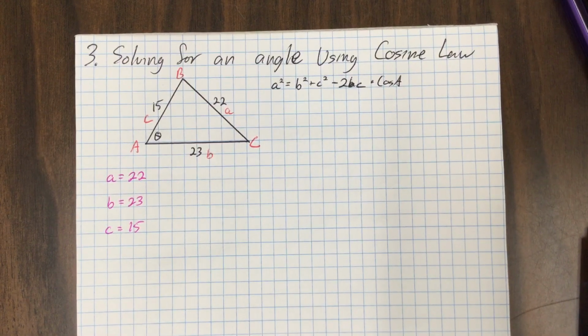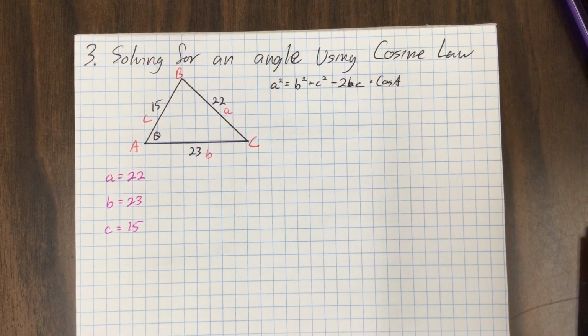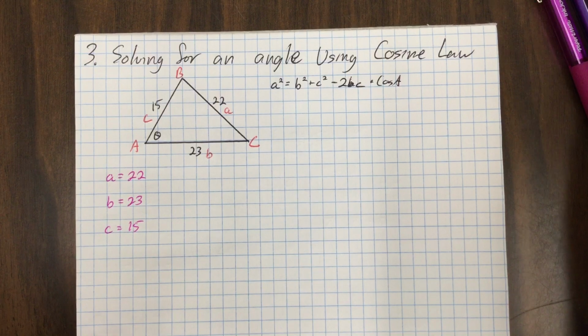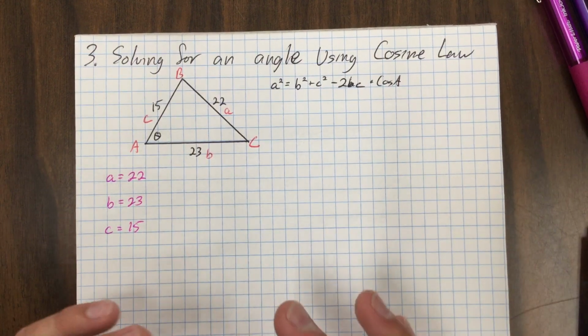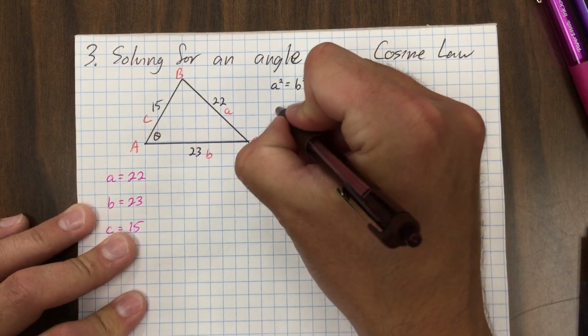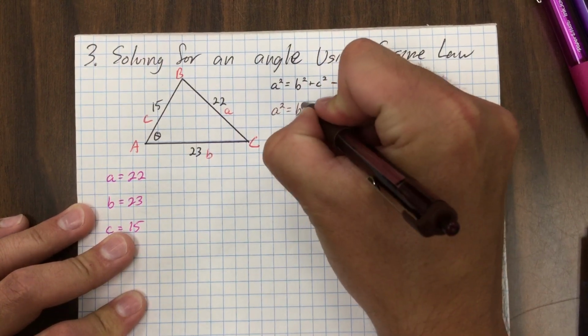There are two different ways of solving for this, and I want to go through both of them quickly. The first way is by rearranging the formula ahead of time. If you want to do this just to put onto your cheat sheet, you can definitely do that.